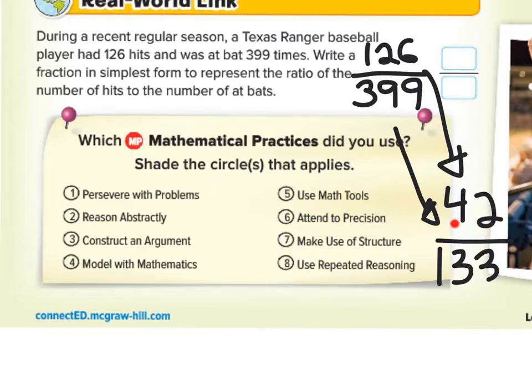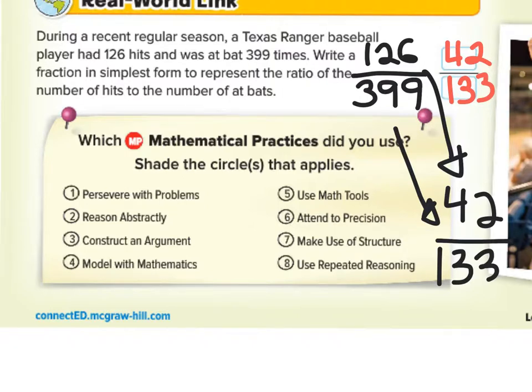But when we add 4 and 2 together, we get 6, and that's a multiple of 3. Over here we have 1 plus 3 is 4 plus 3 is 7. No, 7 is not a multiple of 3, so that cannot be divided by 3. So I think this is the simplest form that we're going to have. So our answer will be 42 out of 133. So he hit 42 balls out of every 133 times at bat.